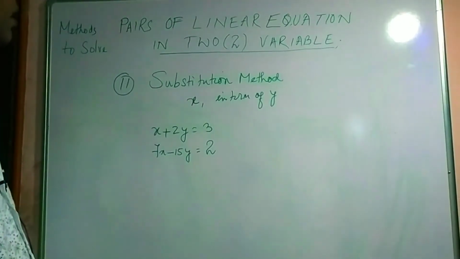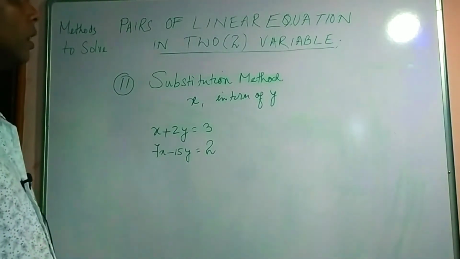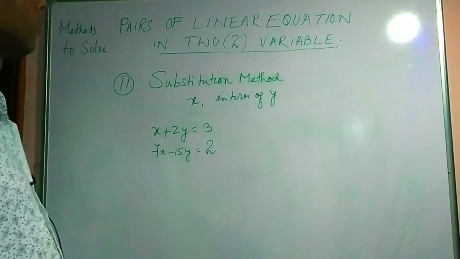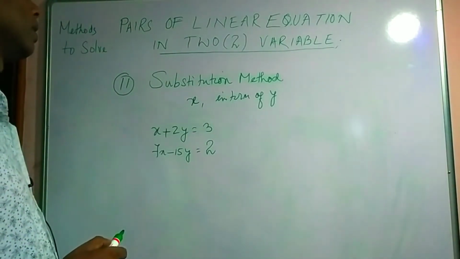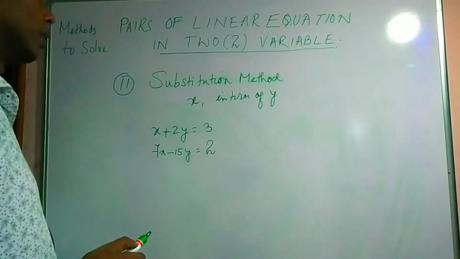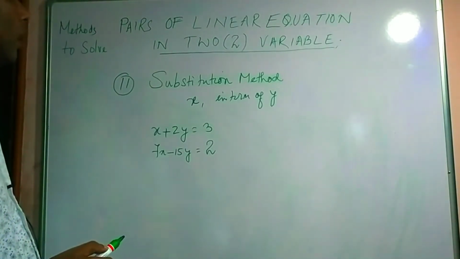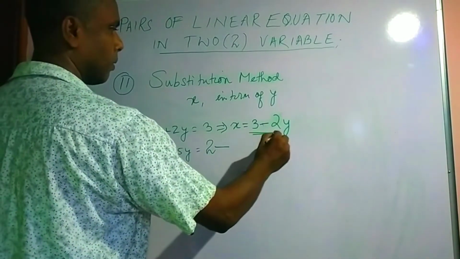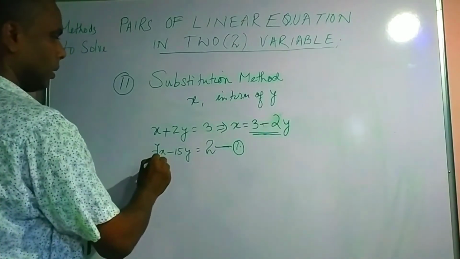Second, substitution method, we find out the value of x in terms of y or value of y in terms of x, whichever we want, or in a convenient way. This value of x in terms of y we substitute here in place of x.